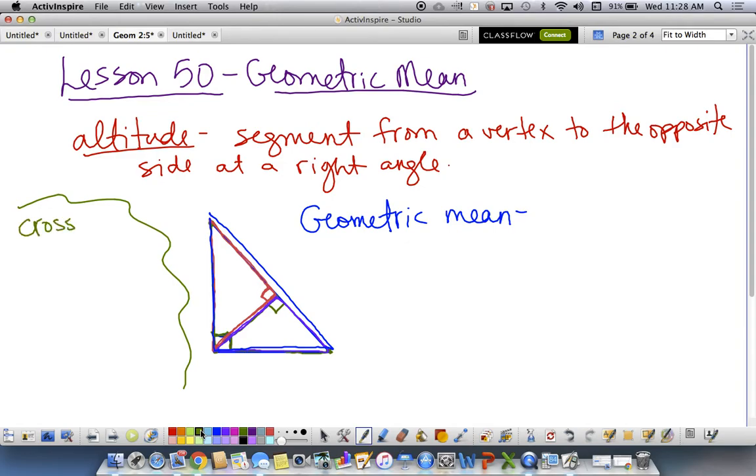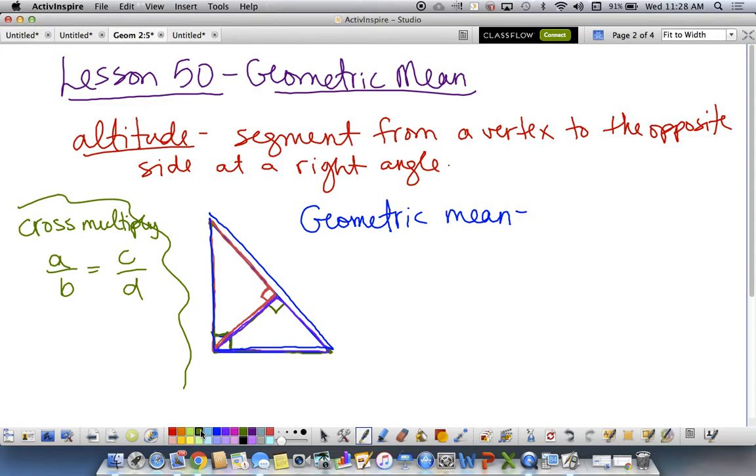cross products. I think they said cross products, we call it cross multiplication. We're going to cross multiply. And we said A over B equals C over D. Their definition of cross multiplication or cross products was the product of the extremes is equal to the product of the means.